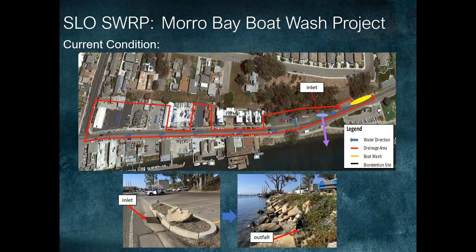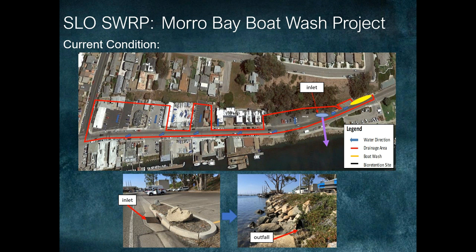The reason this particular project was of interest to the city is that in the right-hand portion of the drainage management area, there's a yellow oval, and that is depicting their boat wash area, which is why we're calling this the boat wash project. People can take their boats out of the water, and they rinse off at this location. And that water goes into that inlet.